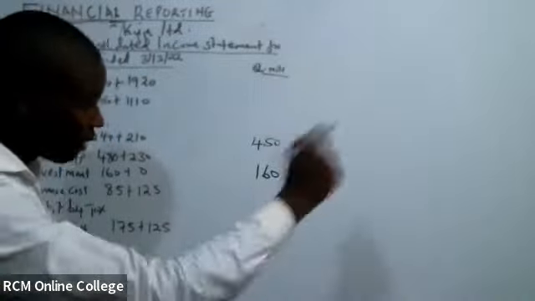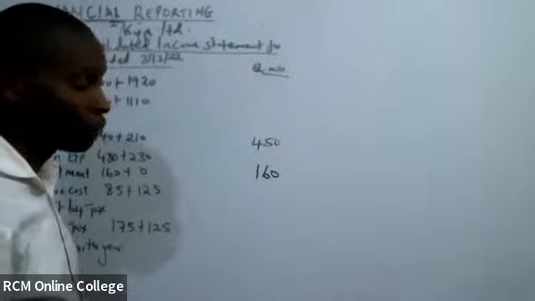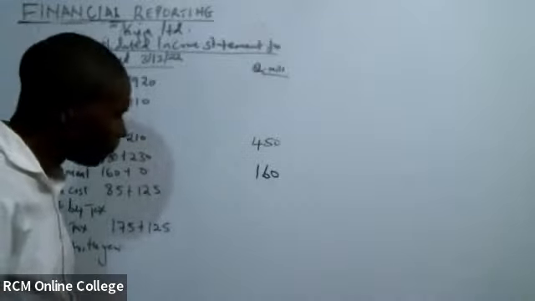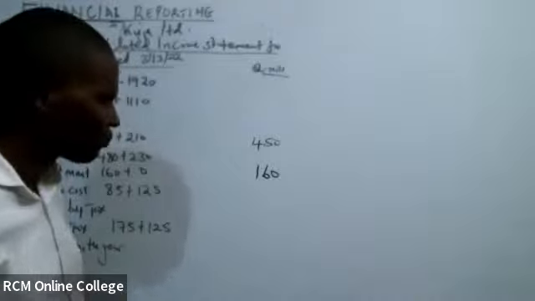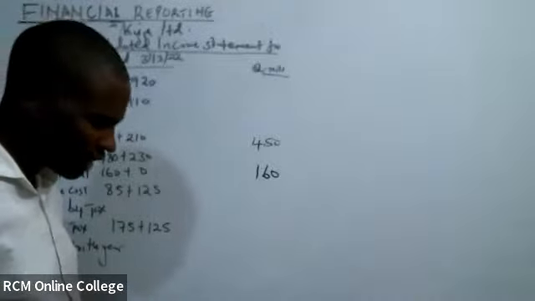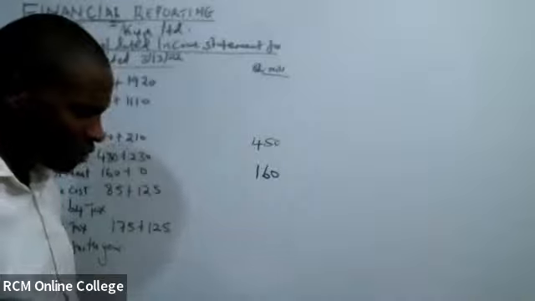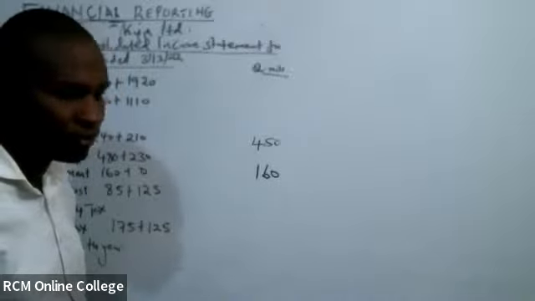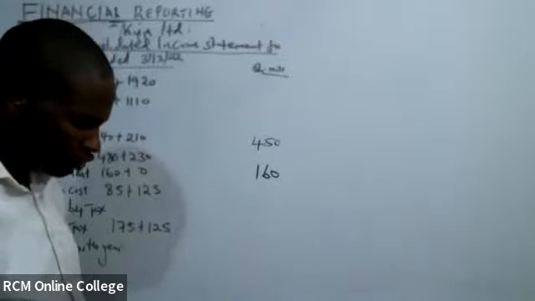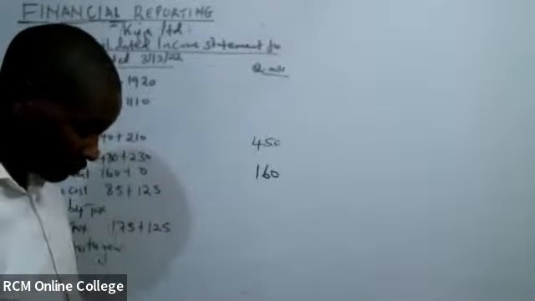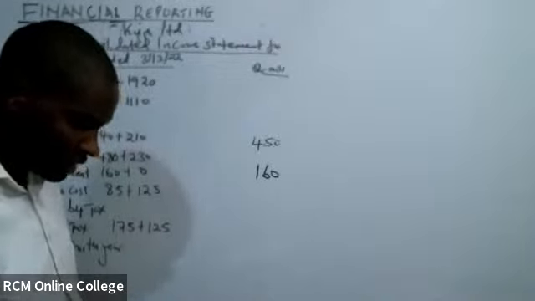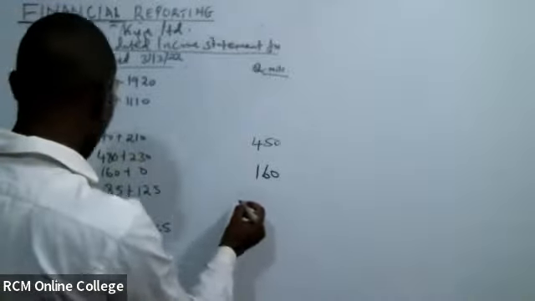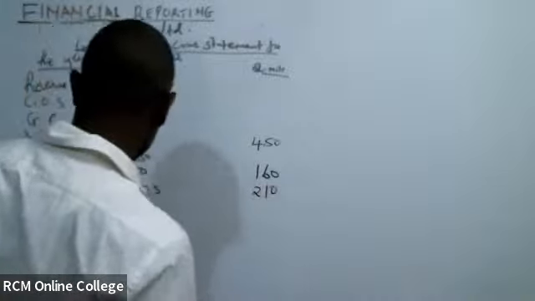Finance cost: 85, 125. Anything they have mentioned that affects our finance cost, just check if there is any information mentioning it. If there is none, that's still another free mark. There is none, 210. This question we are finishing without even doing anything.